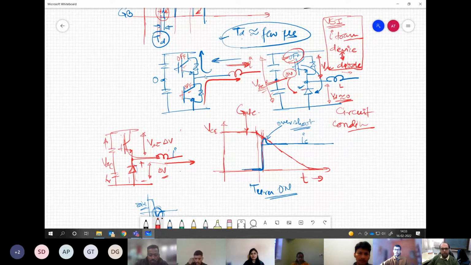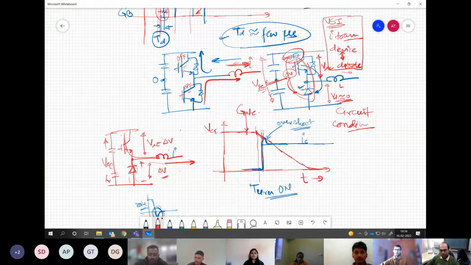And if the flow of current is opposite to the turned on device, then again the diode will be there to support that. So always the transition between the IGBT and diode takes place in any scenario. Let's say we consider inductive load. Current is always changing from IGBT to diode or diode to IGBT.